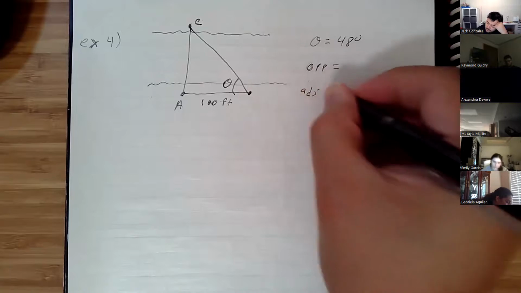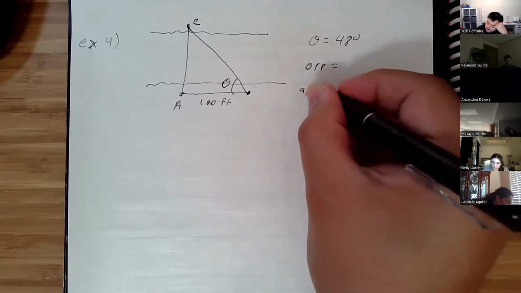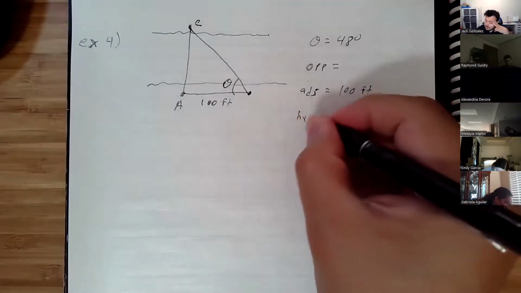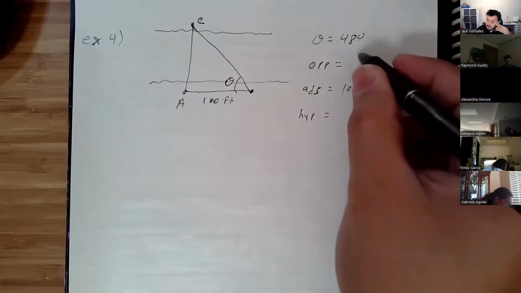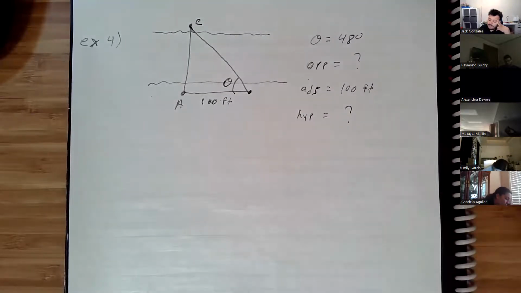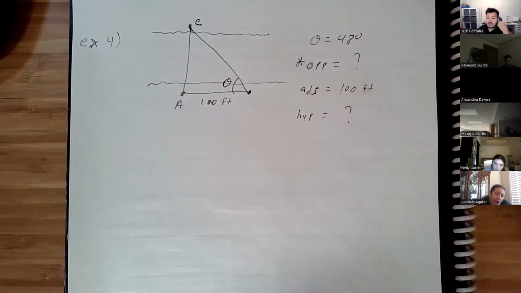Adjacent is 100 feet. Hypotenuse is unknown. What I want to find is the opposite. I don't really care about the hypotenuse. We want to know the width of the river, so we don't need to do any extra work. All we need is to find the opposite.